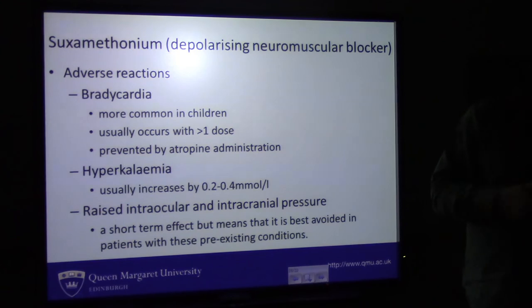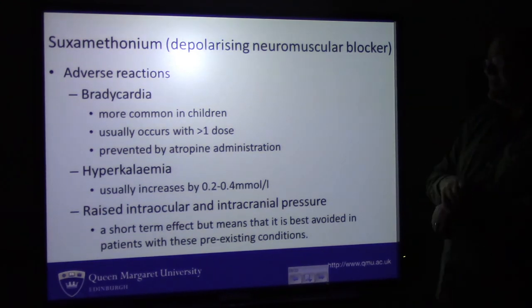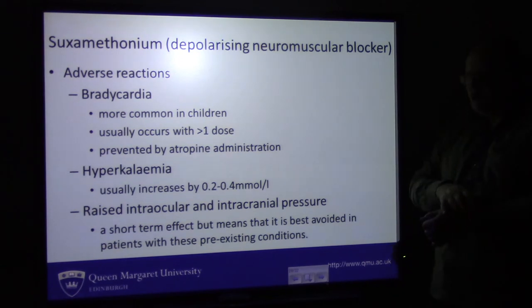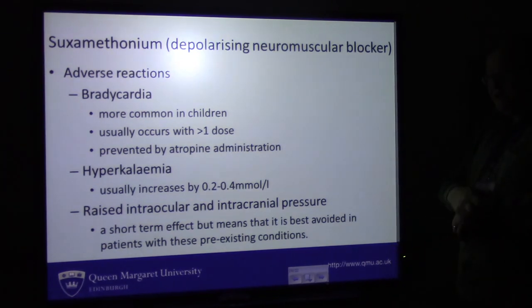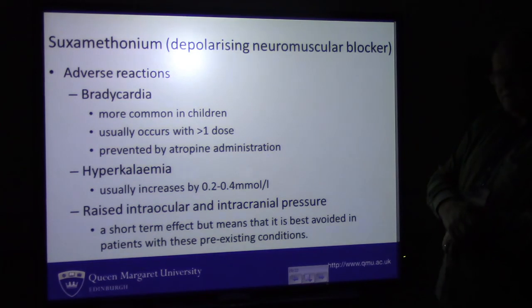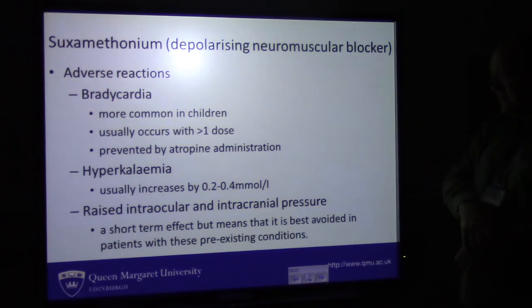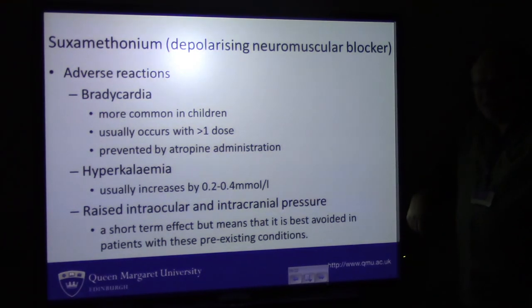Acetylcholine is inhibitory on the heart, so therefore these can cause bradycardia, but that's much more commonly seen in children. They can also produce hyperkalemia, or high levels of potassium in the blood, and they can cause raised intraocular pressure and intracranial pressure, so they can actually start to disturb both levels of consciousness and vision.